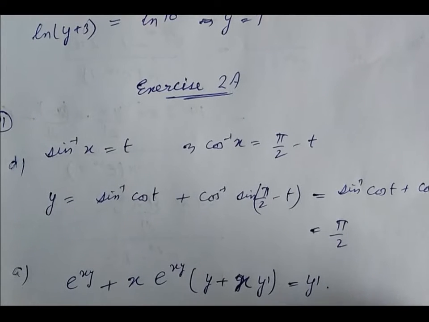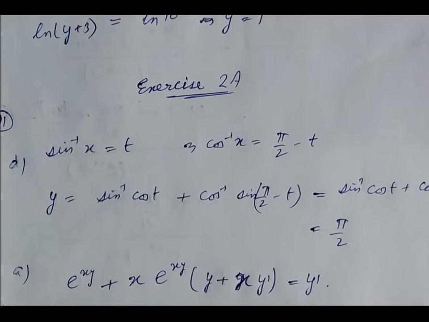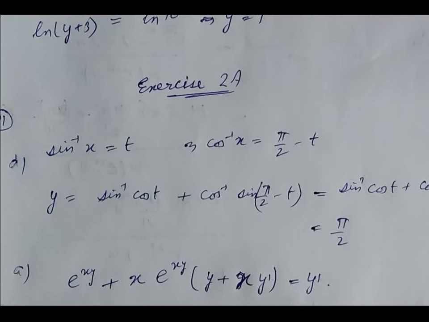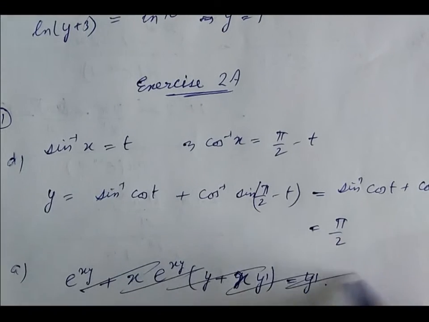There seems to be a printing mistake, if I'm not wrong. So let's keep part a. There seems to be a printing mistake with the RHS. That's also some printing mistake. Anyways, let's cut this.